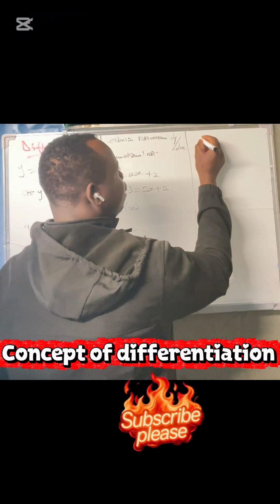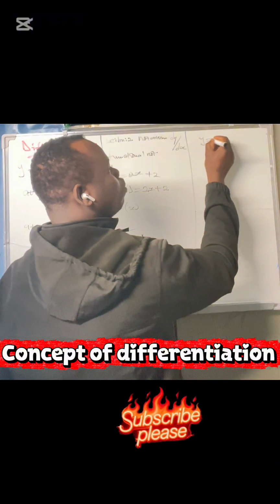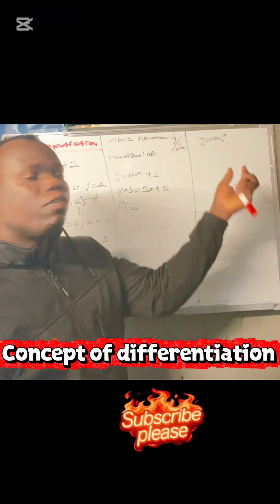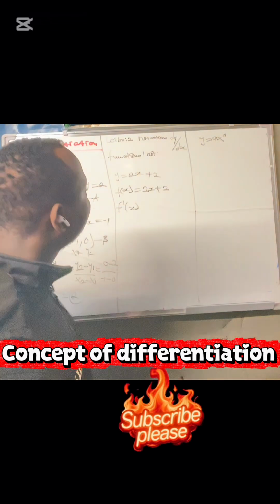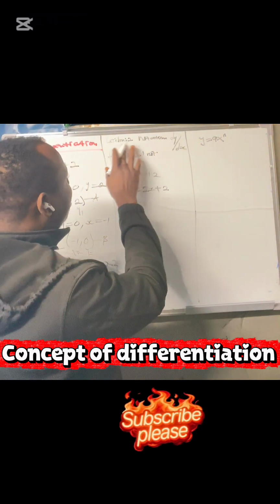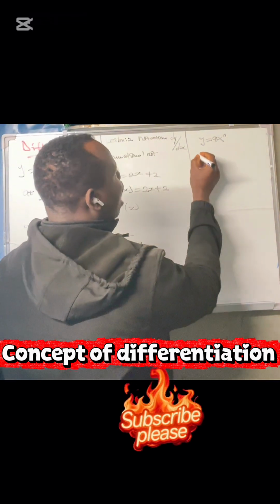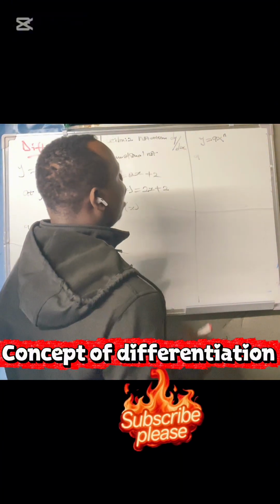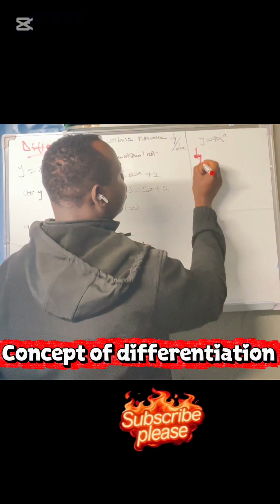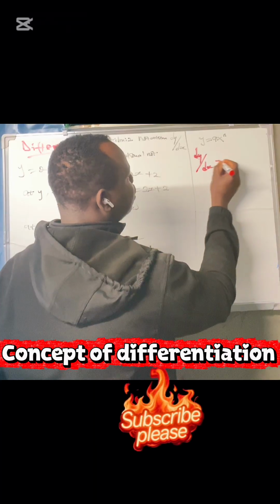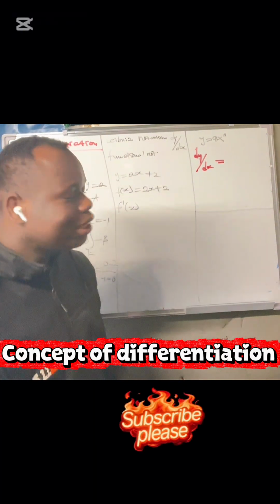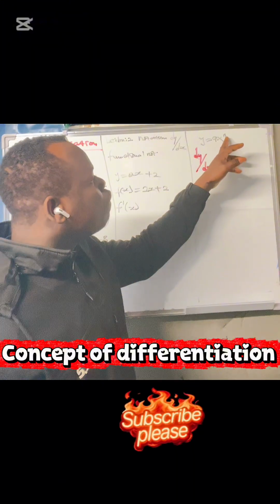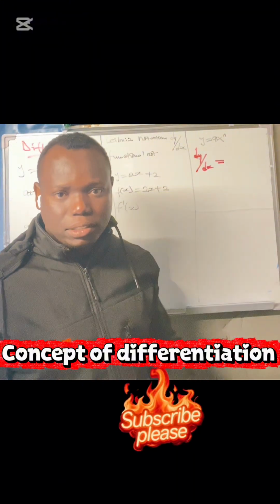Differentiation states that if I have a function like y is equal to ax to the power n, and I want to differentiate this function, let me use the Leibniz notation. I'll get my dy over dx to be equal to, now, the rule says that, first of all, you drop the power of x, okay?